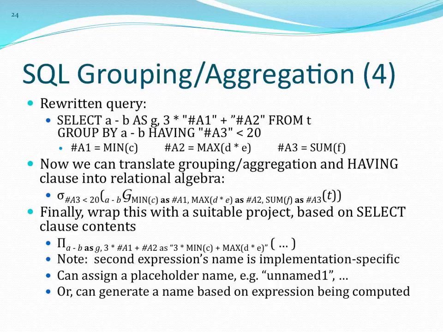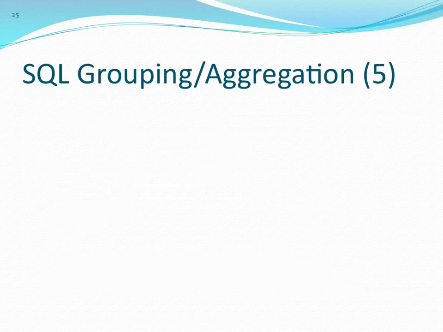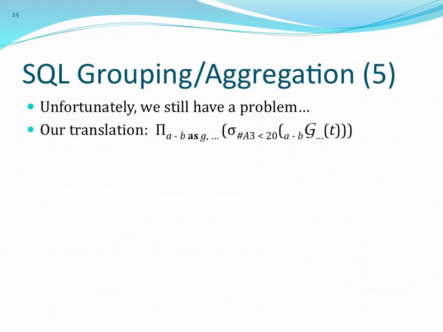I don't think NanoDB does, just because I was lazy, but it would easily support that, because you can turn an expression into a string just as easily as you can turn a string into an expression. Or you could call it something like unnamed one, which I think is what NanoDB does. It just generates an unnamed column name to hold the place for that. Any questions? I am playing fast and loose here, so you guys should call me out on this.